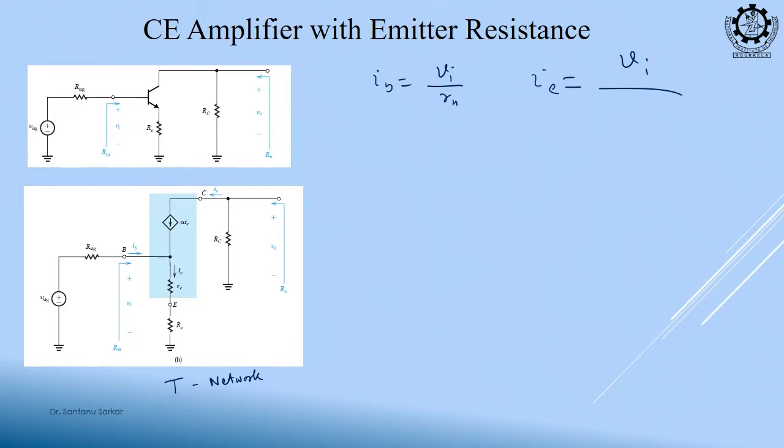So, this is VI by, what is the total resistance? Emitter side resistance is small re plus RE. And what is your output voltage? V0 is equal to, suppose IC is flowing, so minus IC into RC.